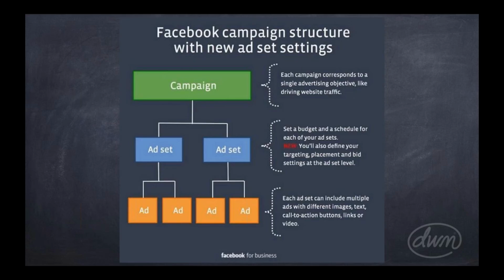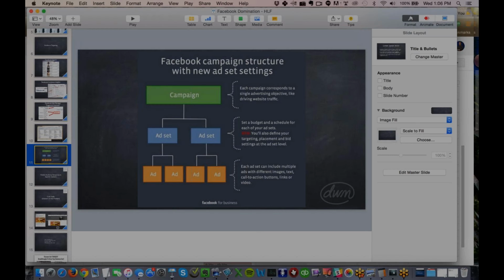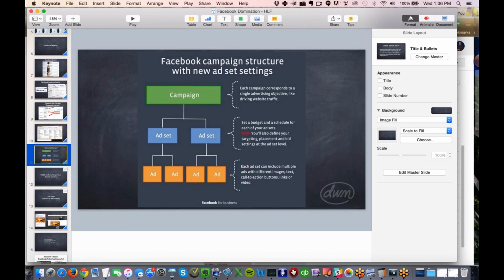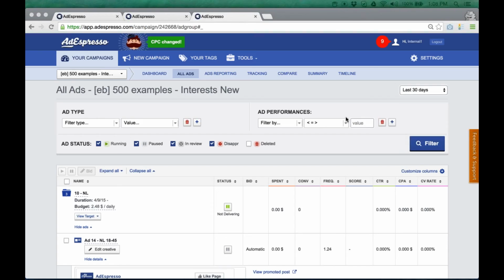Absolutely. Okay, cool. So if you're at a point where you want to do things manually and use the ad set level to test different images and ad copy, you can do that, but you've got to do it manually, and that's a whole different strategy. But if you already know your audiences, and you're using a tool like Ad Espresso, and I'll give you back the controls in case we want to ask any specific questions, it's great because you can automate and create so many rule-based rules, saving you so much time.